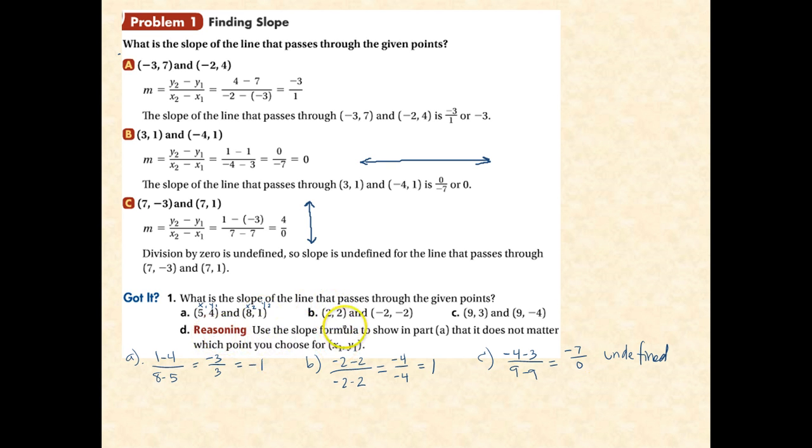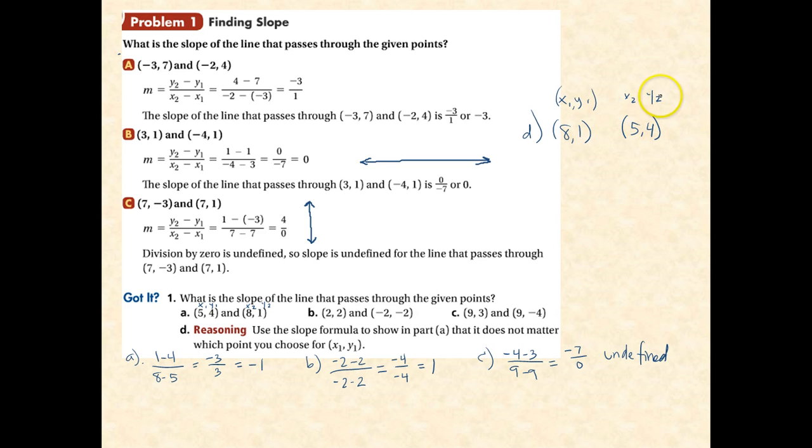Okay, so D says to use the slope formula to show that it doesn't matter which point you choose for x1, y1. So let's do D up here. Let's say that x1, y1 is going to be 8, 1. And x2, y2 will be 5, 4.